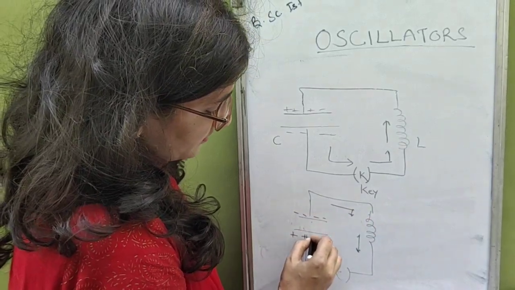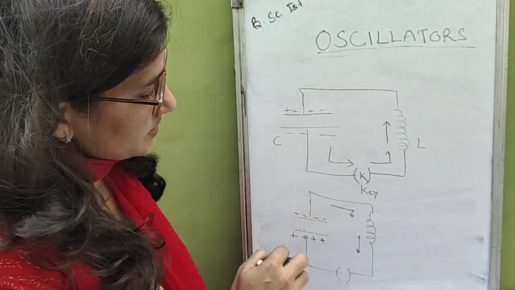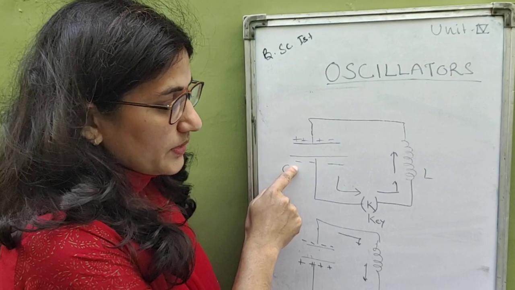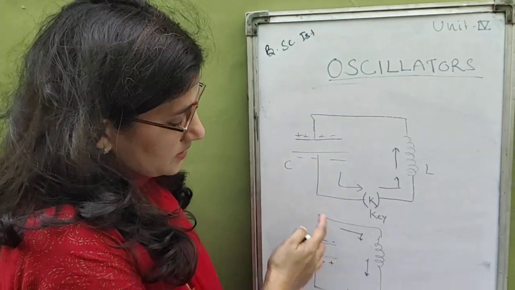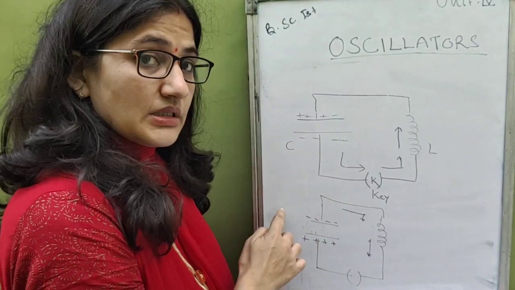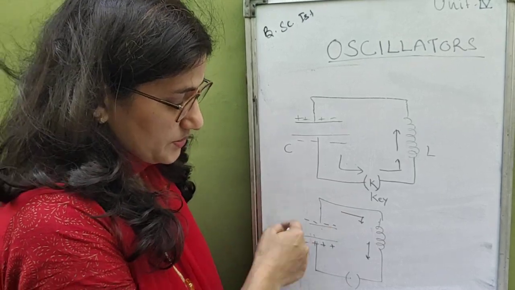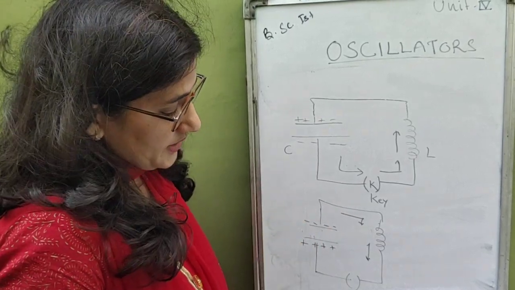But what is the difference in this charging of the capacitor? In this figure we show the positive plate upside and the negative plate downside, meaning the capacitor is charged again but with opposite polarity.